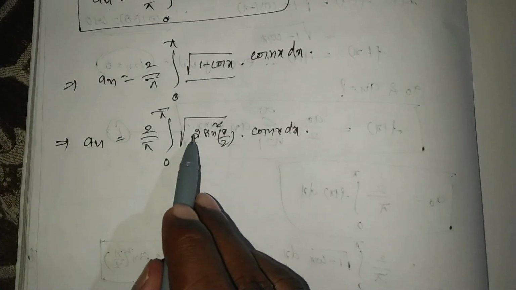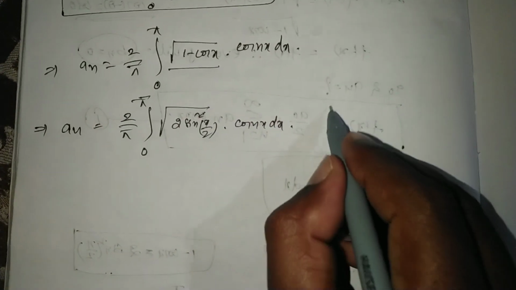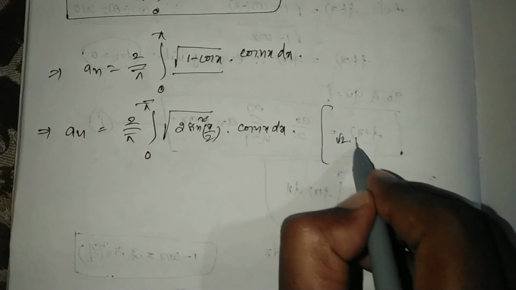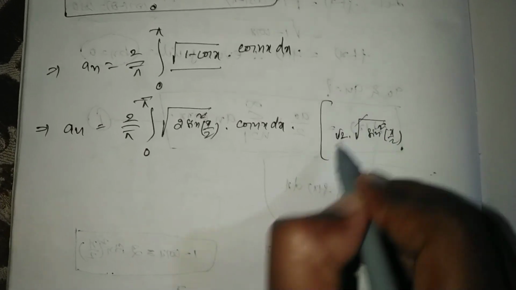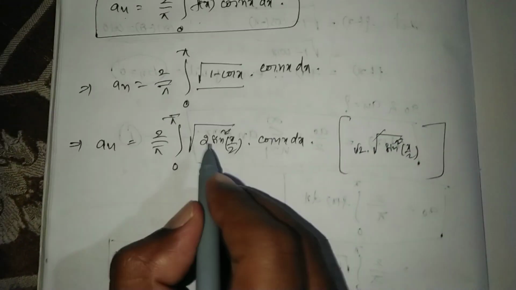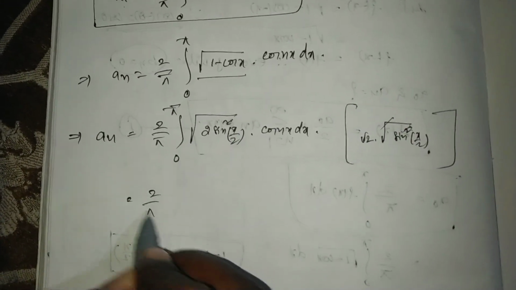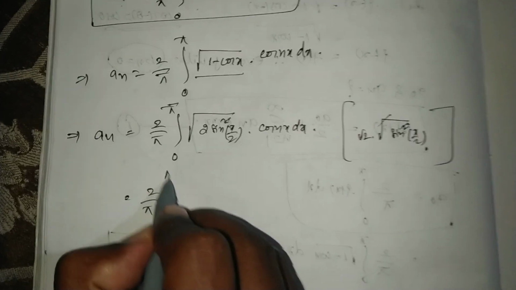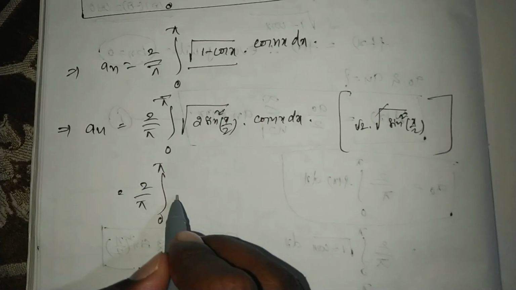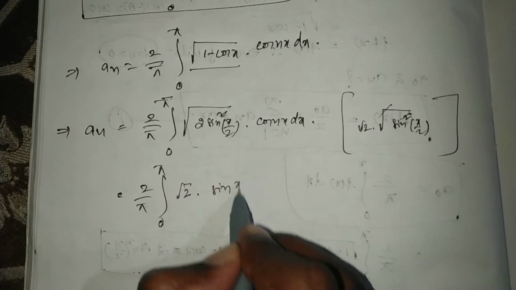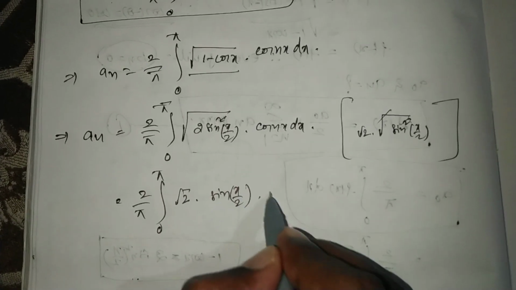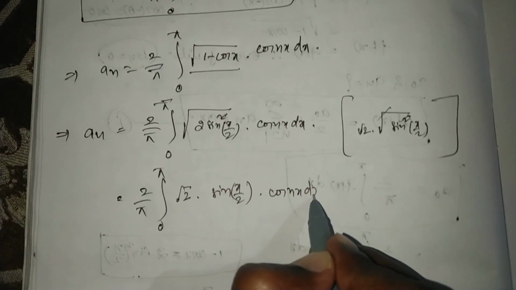Now split the root: it will be √2 into √(sin²(x/2)), the square root cancels. So aₙ is equal to 2/π times the integral from 0 to π of √2 sin(x/2) cos nx dx.